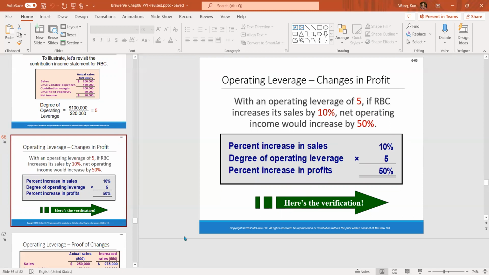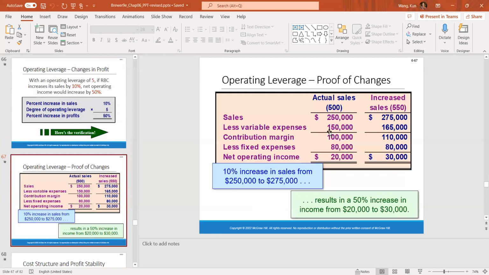So let's verify this prediction using the two income statements. The left column is the current, the base sales situation. Now for the increased sales, it's not like you are doing another income statement from scratch. With a 10% increase in the sales volume, the sales revenue and the variable expense will both increase by 10%.